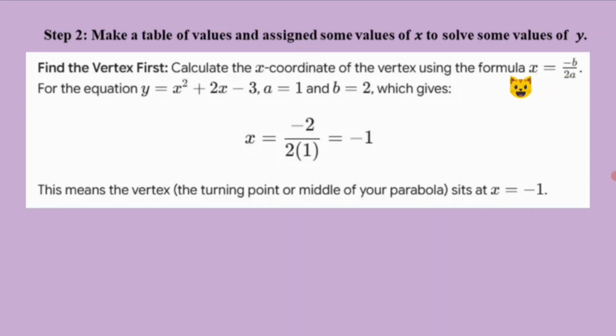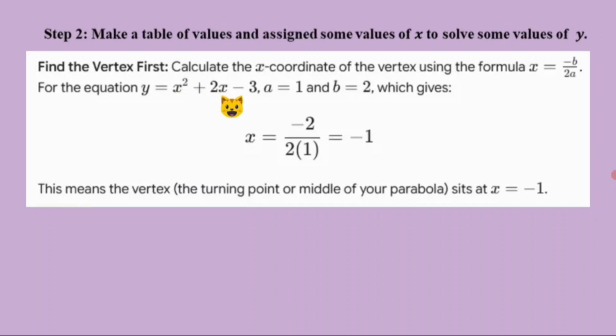So, in the equation, y equals x squared plus 2x minus 3, ang a natin dito is 1 kasi may invisible 1 dito, katabi ni x squared. At ang b naman natin ay 2, and substitute sa ating formula na x equals negative b over 2a. So, magiging negative 2 over 2 times ang a natin is 1 equals negative 1.